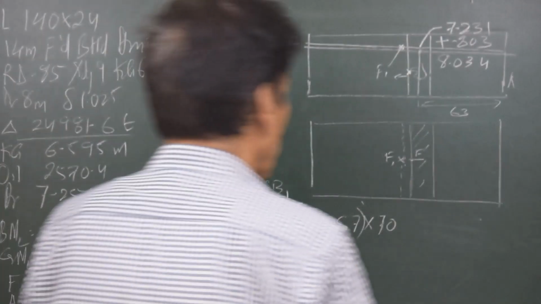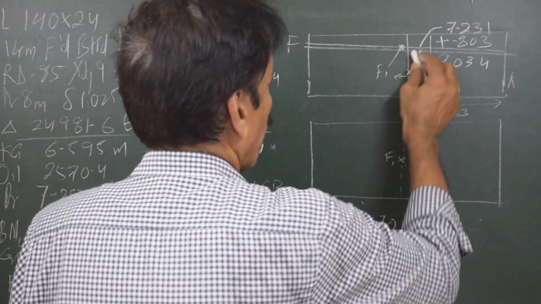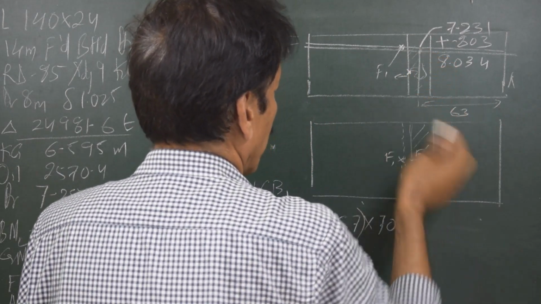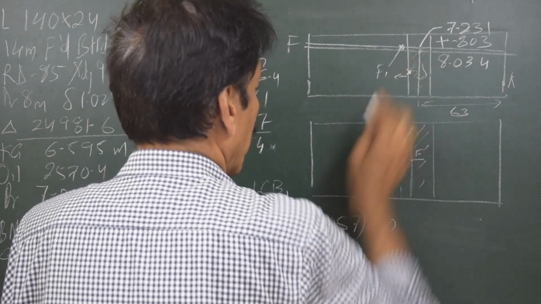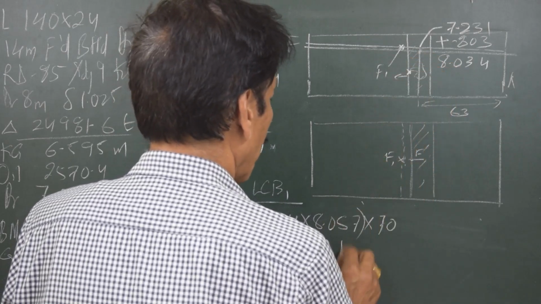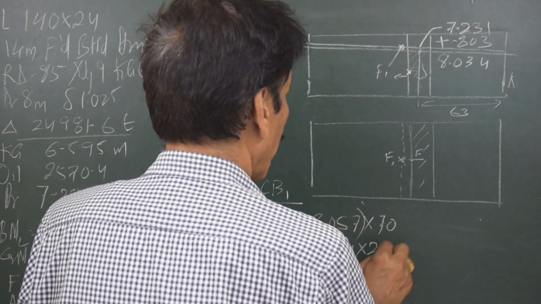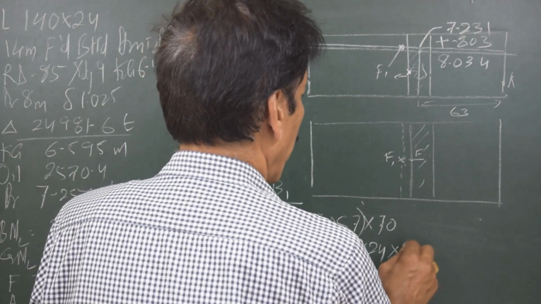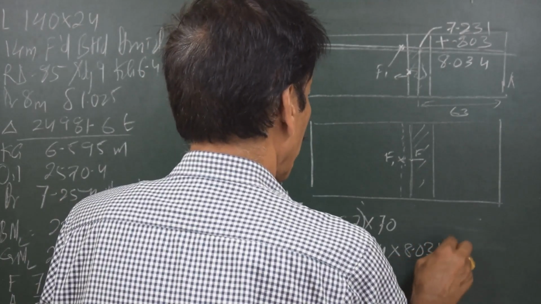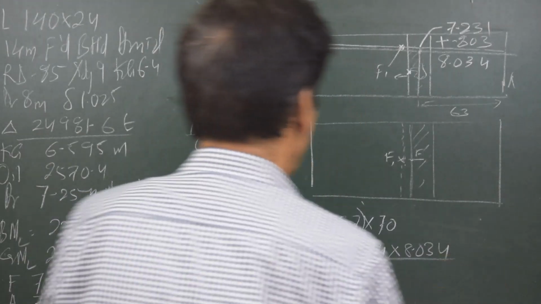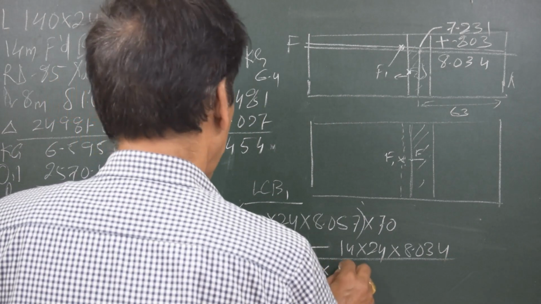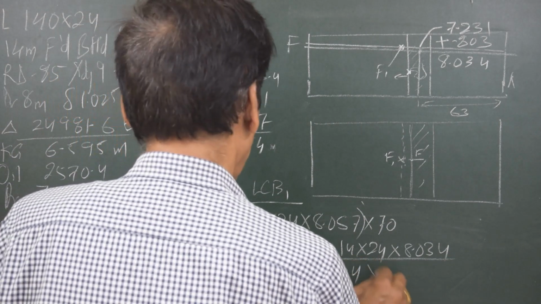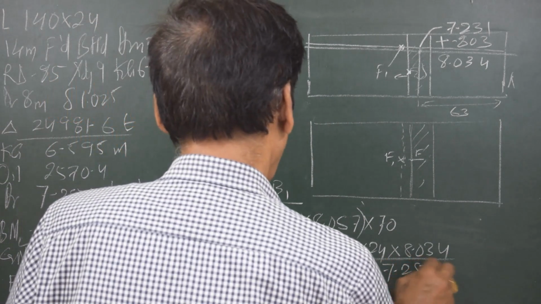So from this underwater volume, we remove the underwater volume of this part, which is either lost or wasted. So this underwater volume from the compartment is 14 into 24 into 8.034, and this is to be divided by the intact underwater volume, that is 140 into 24 into 7.254.